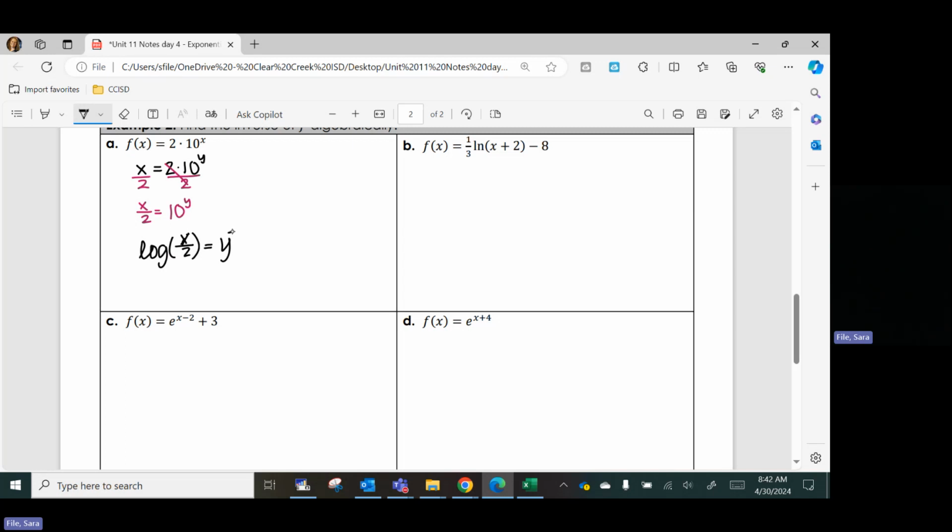Now I do need to indicate that's the inverse of y. Now we started in function notation, so technically we want to end in function notation. So we just like to rewrite instead of inverse of y, f inverse of x. And it equals log of x over 2.